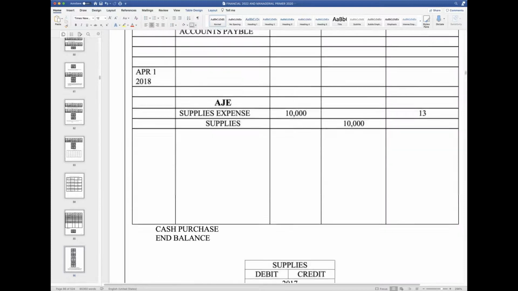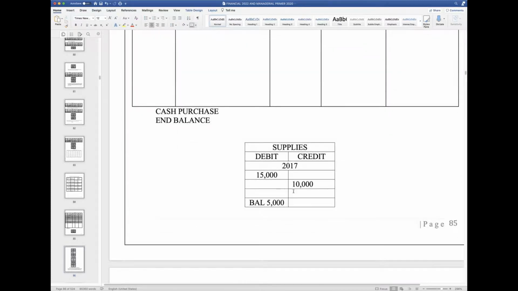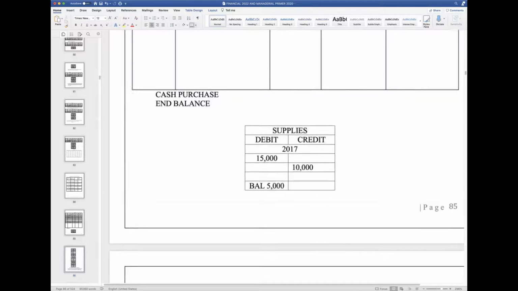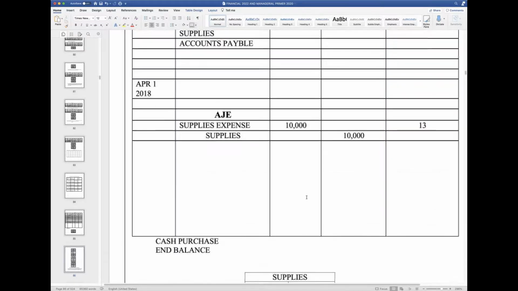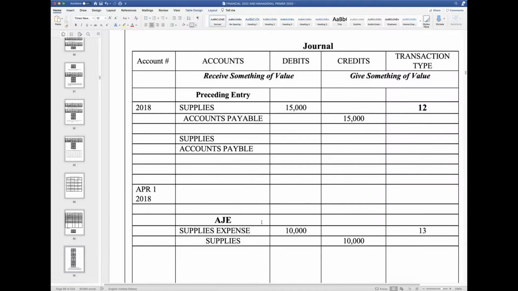So we originally had 15,000 in supplies. We now only have 5. The other 10 have been used up and are going to be in supplies expense. So 5,000 stays in supplies, a balance sheet account. 10,000 goes to supplies expense.